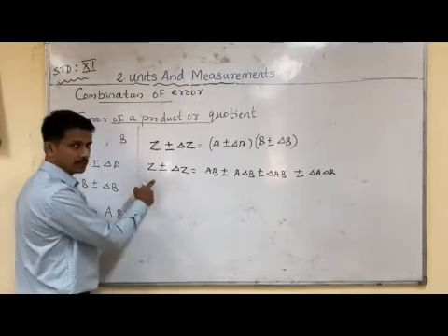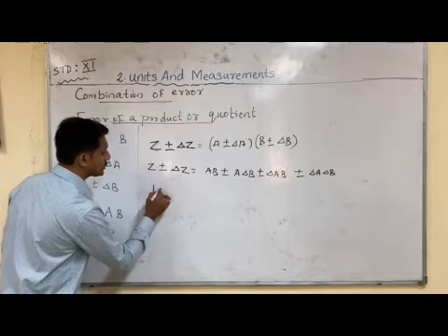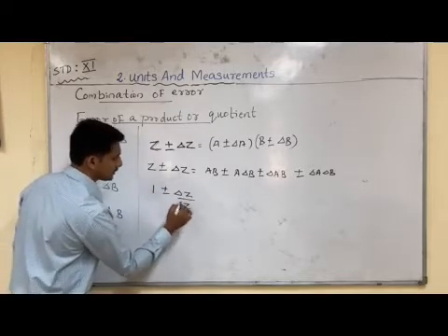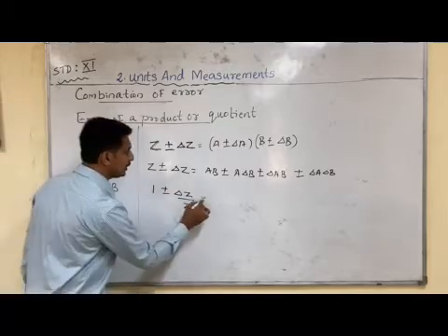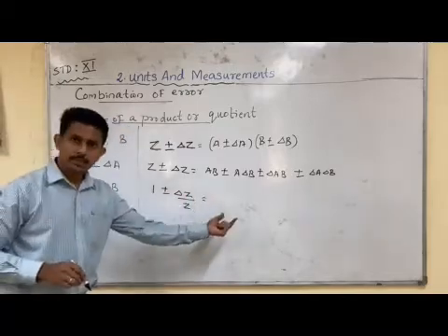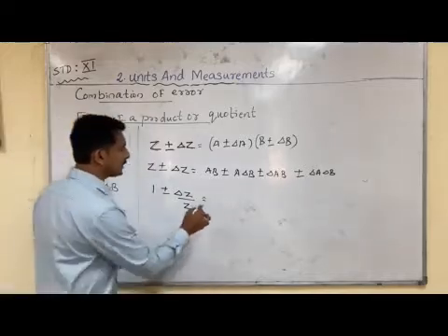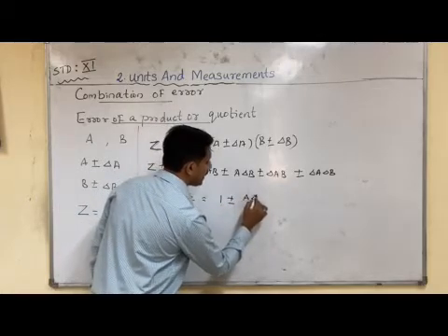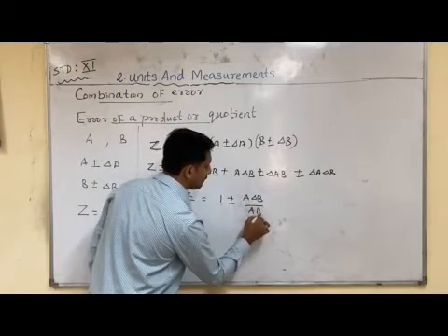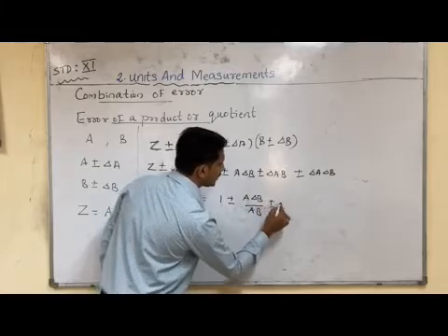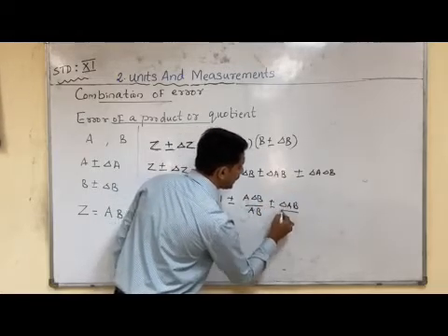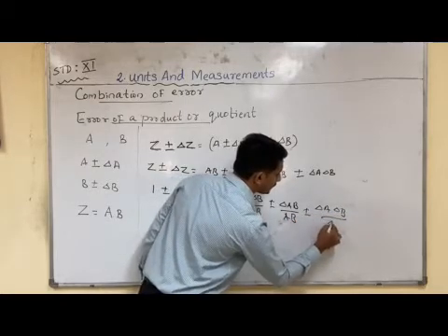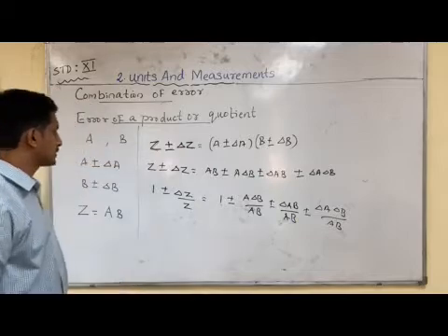So if we divide the left hand side by Z, the equation becomes 1 plus or minus delta Z by Z, which is equal to, as I said, we are dividing the right hand side by AB, so 1 plus or minus A delta B divided by AB, plus or minus delta A B divided by AB, plus or minus delta A delta B divided by AB. So this is where our equation is coming.